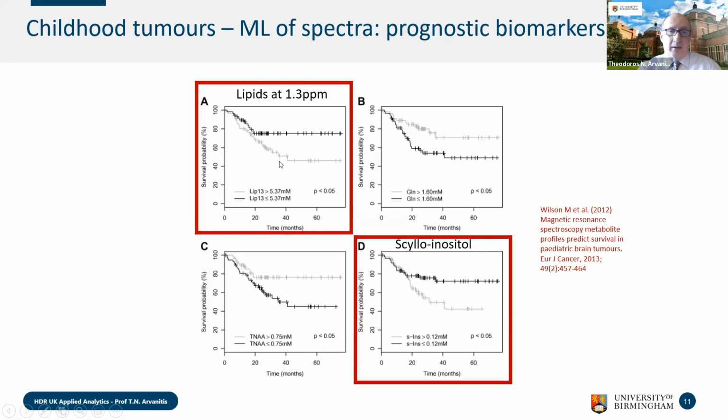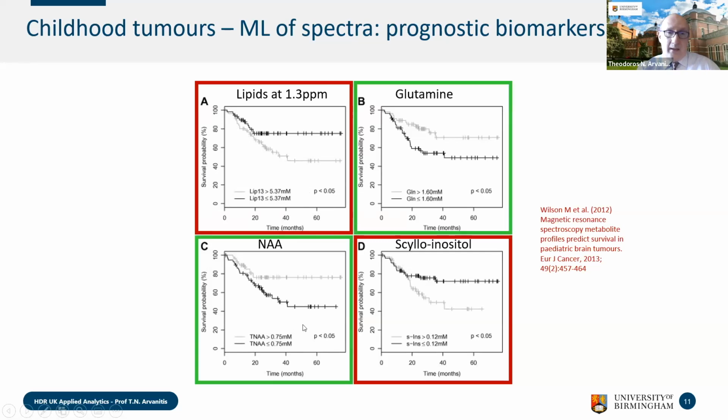So these are typical Kaplan-Meier curves where we see that an increased lipid concentration actually shows that the survivability probability reduces even up to almost 50%, and the same with myo-inositol, even worse, 40%, while an increased presence of NAA, which tells us the health of the neural tissue, increases the survivability prediction to 80%, while glutamine is also a good predictor.